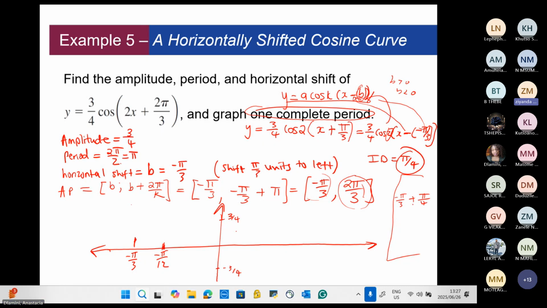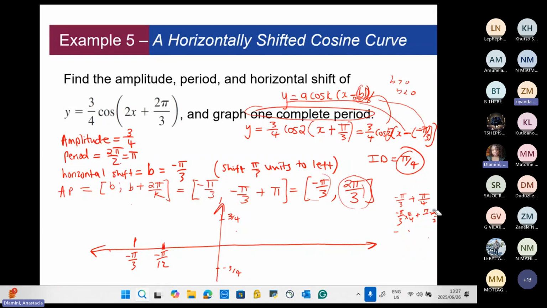Let me show you something. Here I said negative pi over 3, so this is times 4 over 4, plus pi over 4 times 3 over 3. So this is negative 4 pi over 12 plus 3 pi over 12, which gives negative pi over 12.